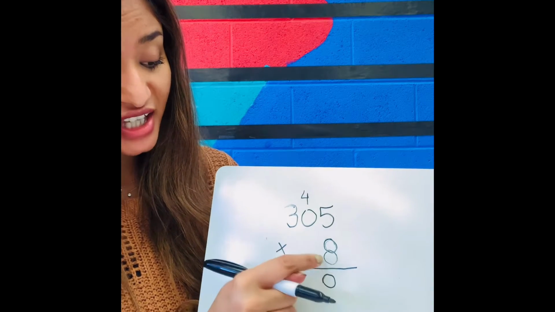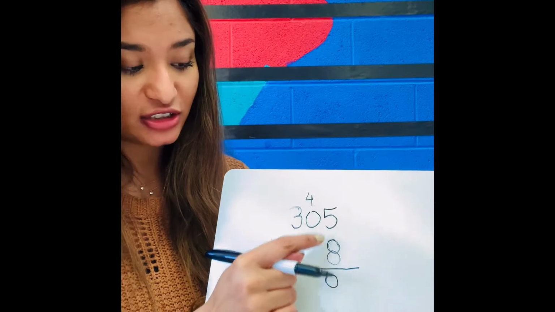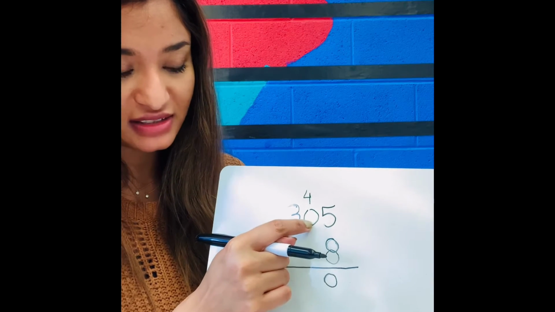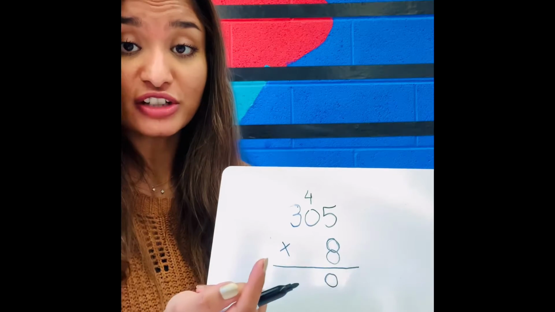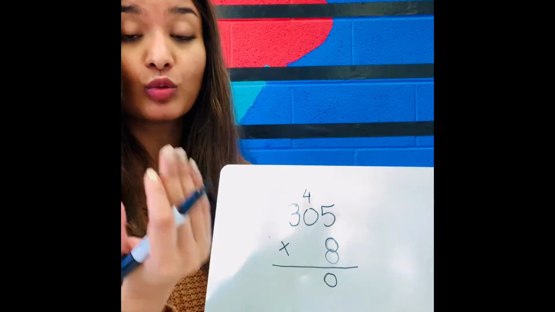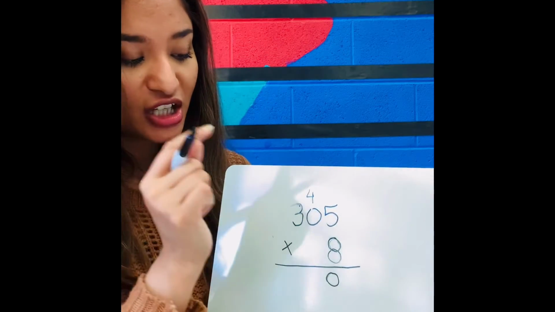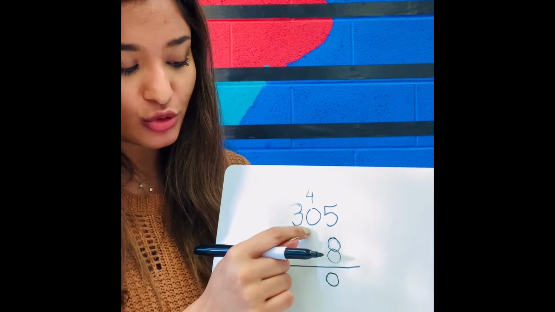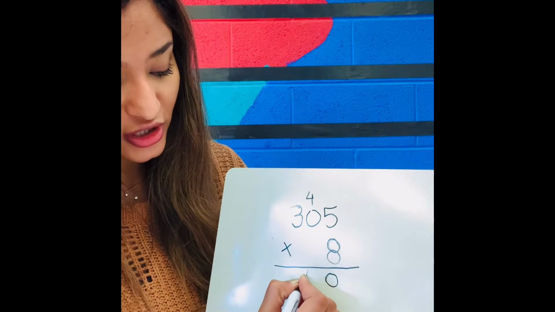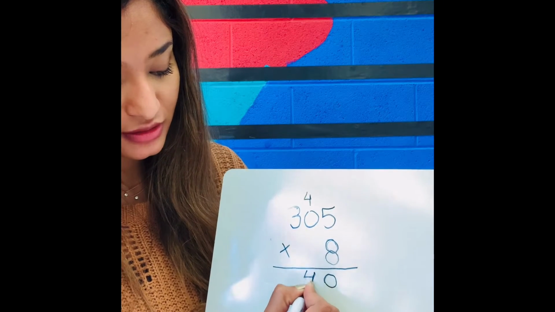So I'm done multiplying my 8 to my 1s. Now I need to multiply my 8 to my 10s. But because there's a 0, anything times 0 would give us 0. So 8 times 0 gives me 0 plus 4. So I bring my 4 right over here, right?